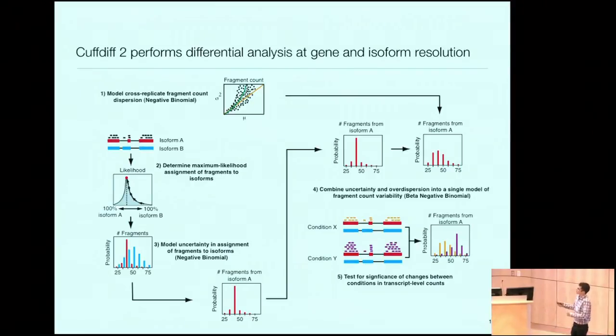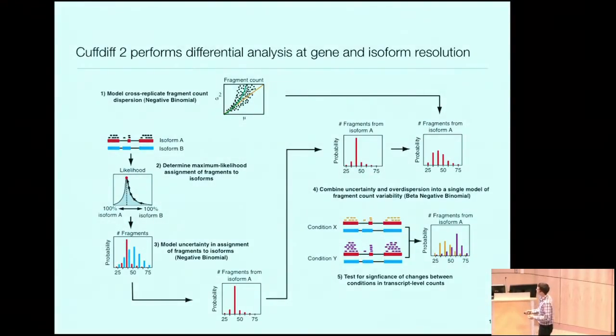Until recently, there was no real program that would deal with both sources of variability that come up when you're doing isoform resolution analysis. Most of the work had focused on modeling how much intra-replicate, intra-condition variability you get, and had been ignoring the problem of mapping uncertainty, where when you're guessing at how abundant the isoforms are, you don't always know because you have this statistical inference procedure going on.